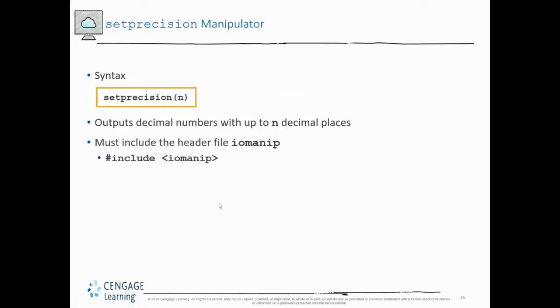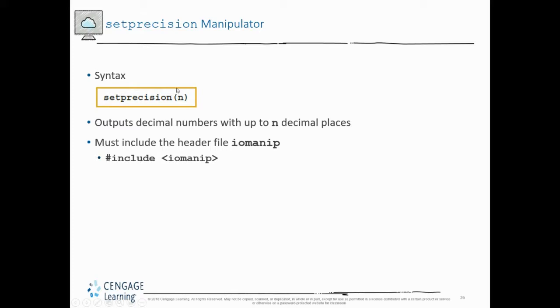All right, now we have setprecision. Here we're doing some manipulators, and these are important to understand at least a little bit. When you have setprecision, you want to allow your numbers to have X decimal places. It has a required argument, either a variable with the value in between or just a hard number.